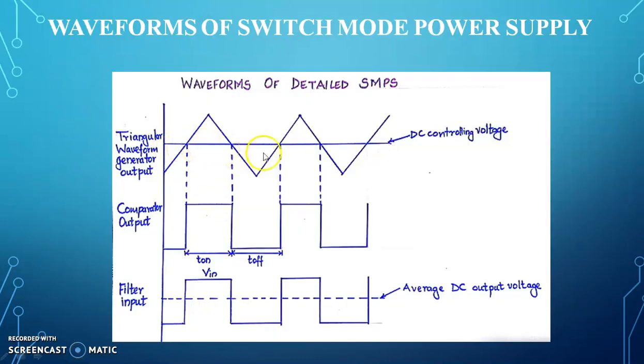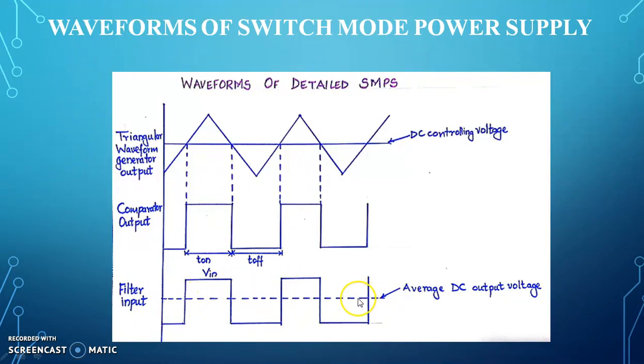If this is low, then if you compare the triangular wave and the DC voltage in the waveforms, the DC voltage is lower than the triangular waveform, so obviously the T-on period is going to be greater. If the T-on period is greater than the T-off period, the average DC voltage will definitely increase.